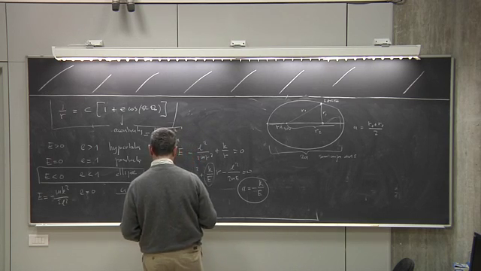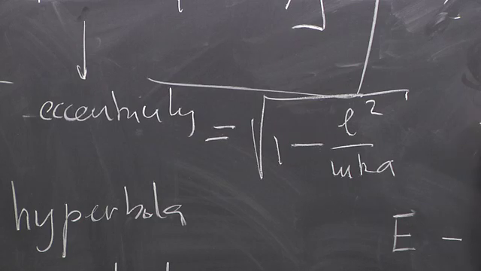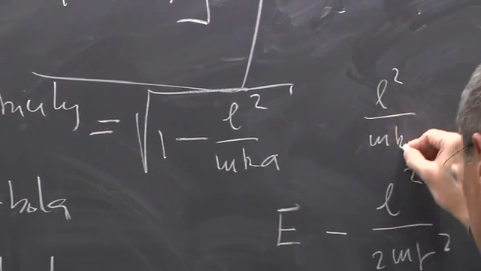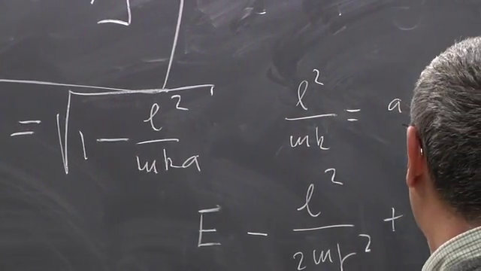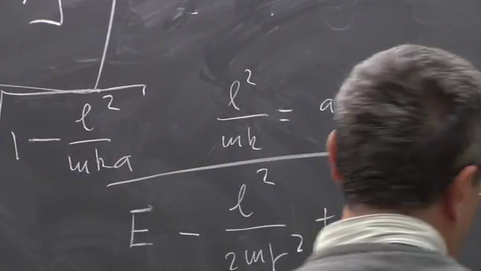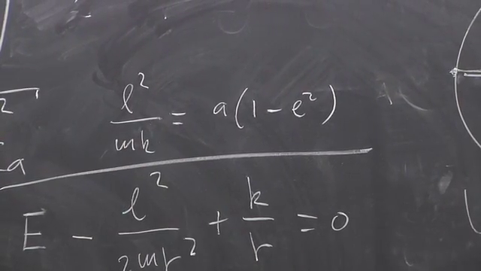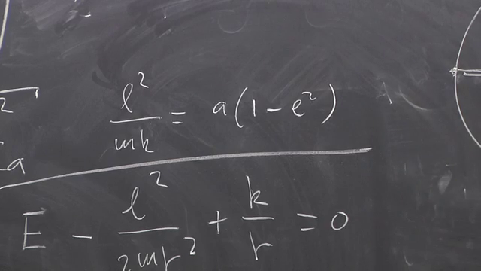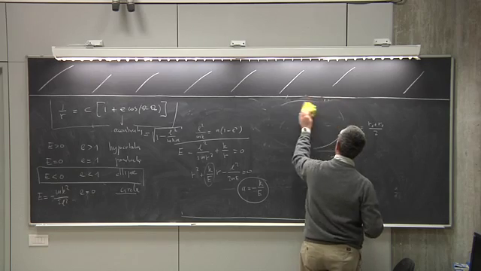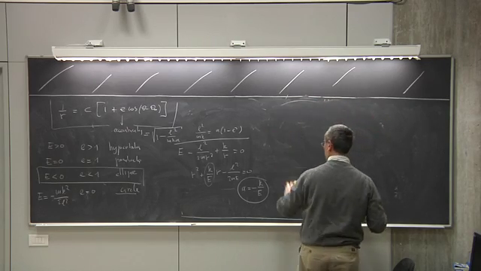Okay? And that means that L squared over mk is equal to a(1 minus e squared). So now I can rewrite the equation of the ellipse all in terms of geometrical quantities. That is what I want to do.